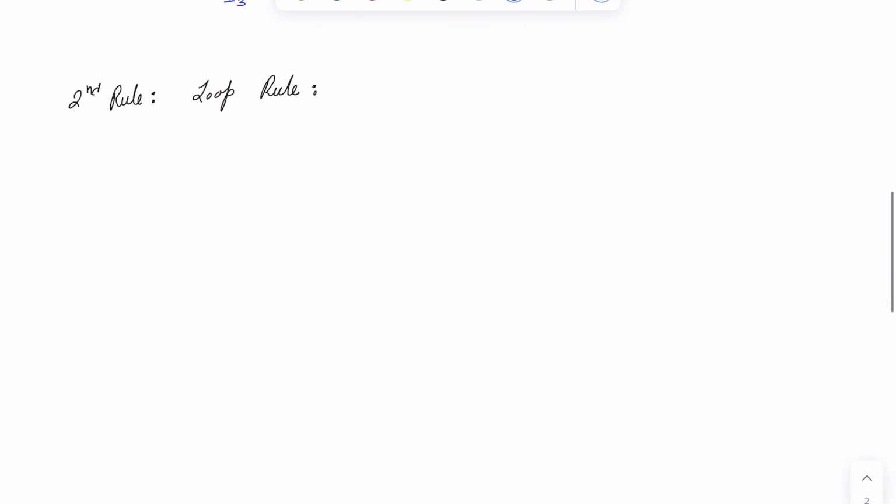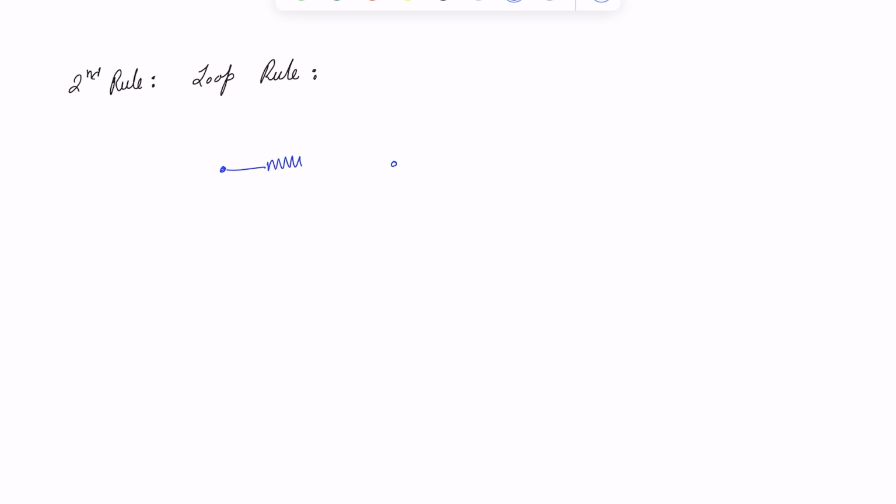So let's say we have 4 examples. Okay, so I'm going to name the things in a minute, but you've got a resistor here, and then a current is going this way.